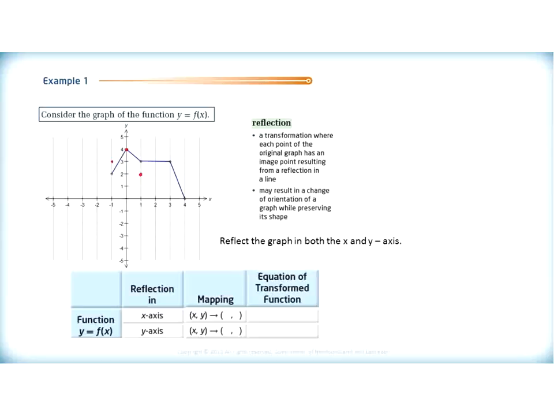I have another point right here, and another point right here. We want to make sure that we join them up in the exact same way that they're joined up in the original graph. So let's do that. And here is what the new graph reflected in the y-axis will look like. So there's an example of a reflection in the y-axis.